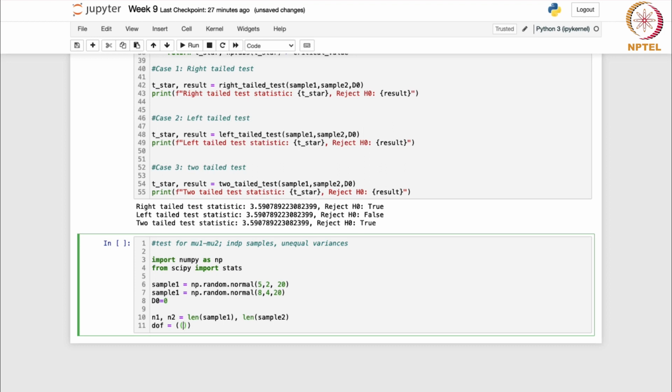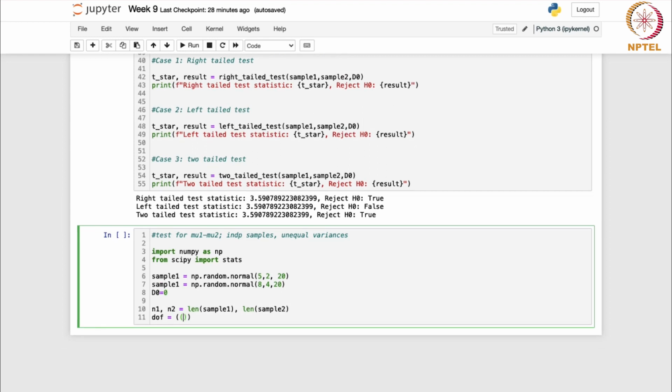What is the formula for the degrees of freedom? In the numerator you have s1 square over n1 plus s2 square over n2, whole square, and you divide by s1 square over n1 whole square over n1 minus 1, plus s2 square over n2 whole square over n2 minus 1. So we just have to enter this entire formula over here.